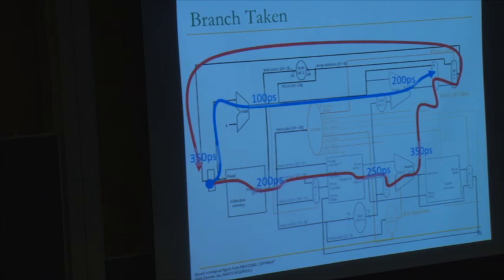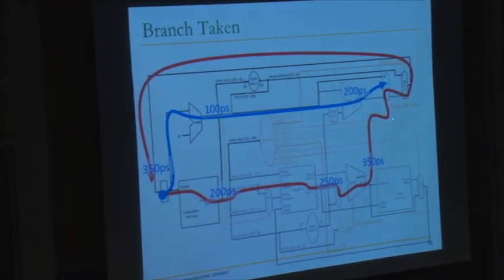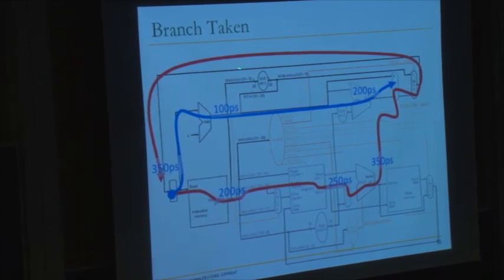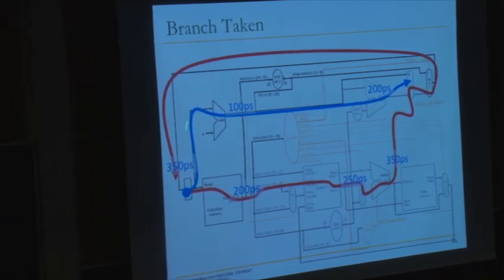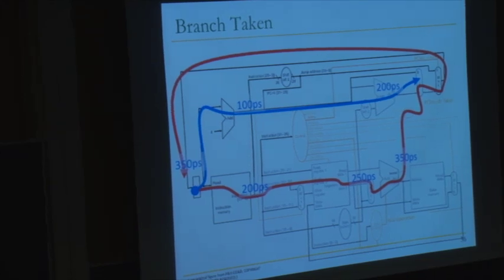Right? So this control input arrives much later than this data input. So this is the critical path. And then there is muxing, and we assume that that muxing takes 0 time. So the critical path of the branch taken operation is really 350 picoseconds. Okay?